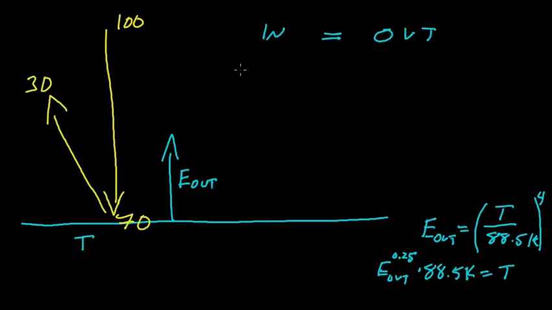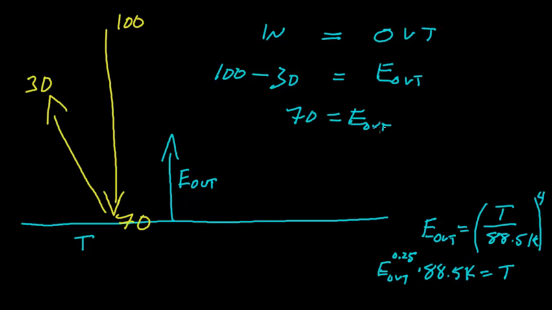That's what will happen in the balance. Here we have 100 minus 30, and the only energy out we get is this E out for the surface, and so this is equal to 70. 70 is equal to E out.